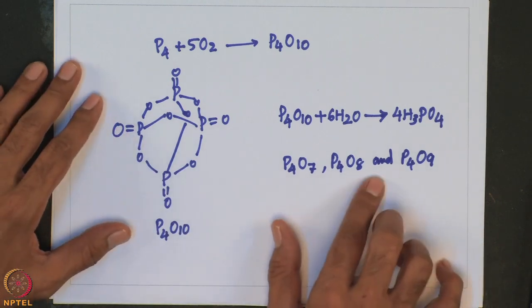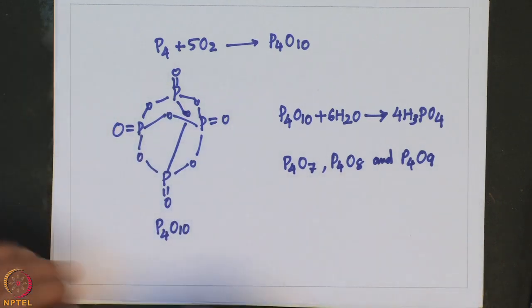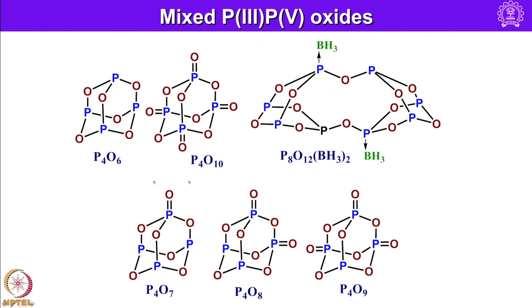That means writing the structures is not at all difficult. You can see those structures I have shown here. This is P4O6 and this is P4O10, and of course, here the adduct of dimeric P4O6, that is P8O12, and here you can see P4O6 when it is oxidized, one of the phosphorus atoms is oxidized to P5, it gives P4O7.